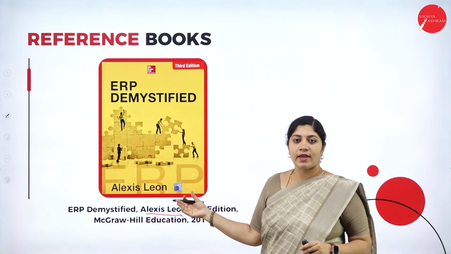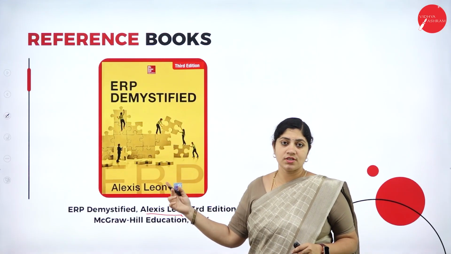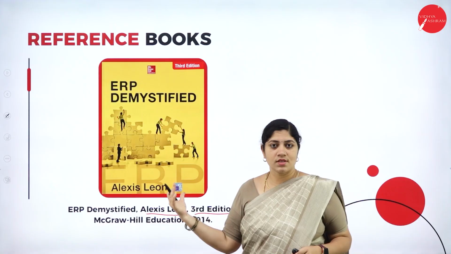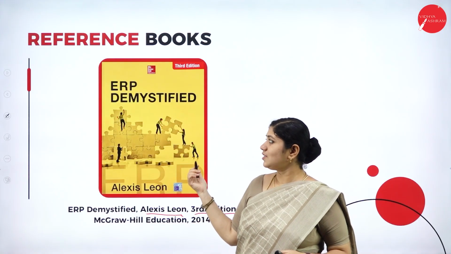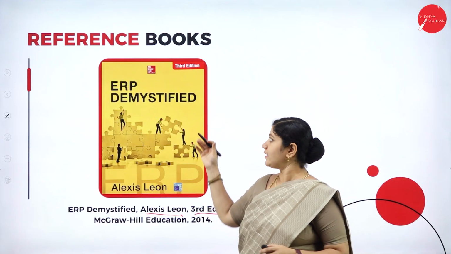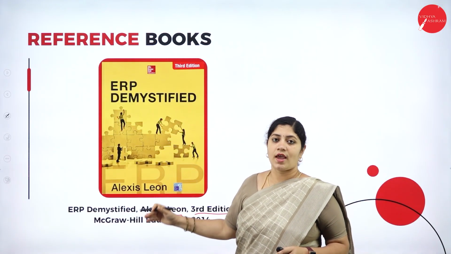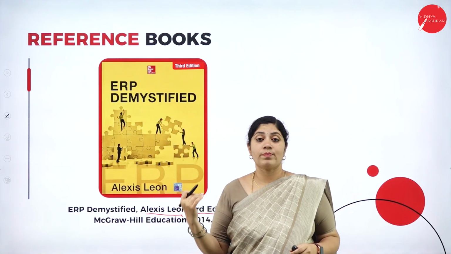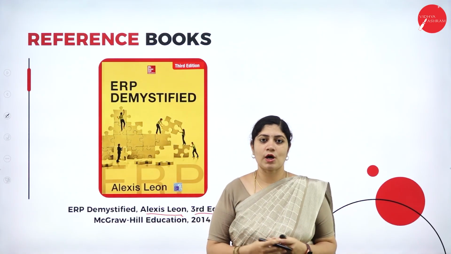It is published by McGraw-Hill Education, and the edition that we are supposed to refer to is the 3rd edition. This is a book of reference, and you can easily get the PDF of this book. You can just Google it by the title, the author name and the edition. You can get the PDF copy of this book. If you want, you can download it too.